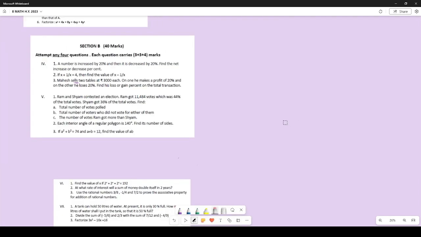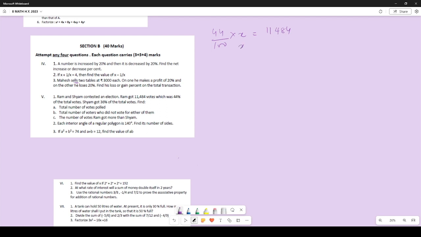Okay, so let us check out the next question now. Ram and Shyam contested an election and Ram got 11,484 votes. So 44% of total votes is equal to 11,484 votes.